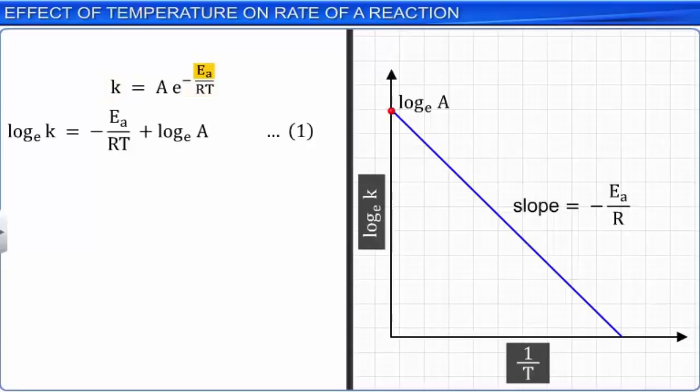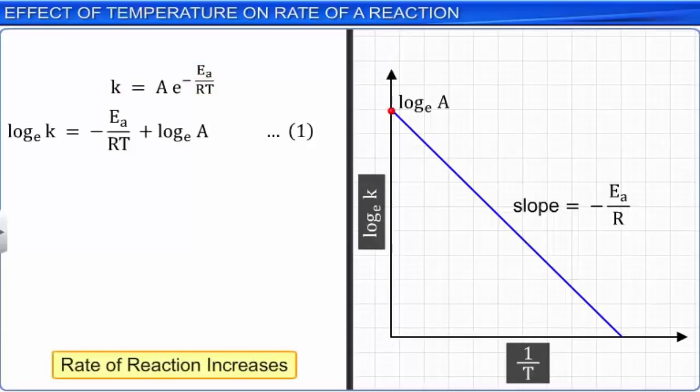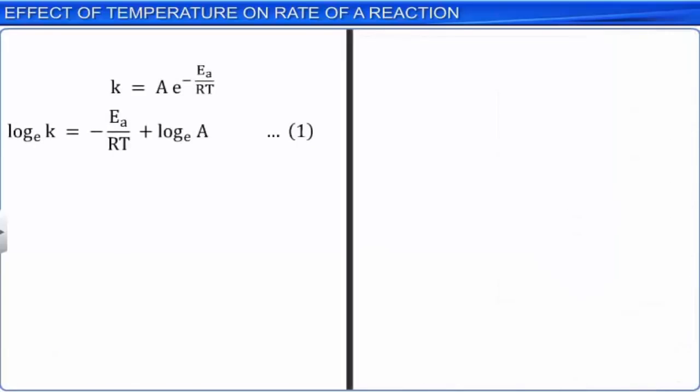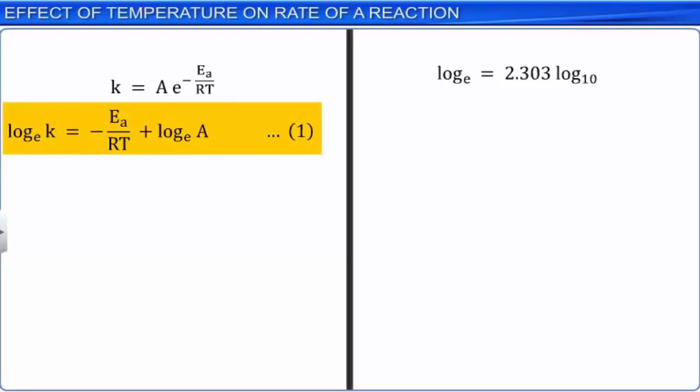As a result, the rate of reaction increases. As log to the base e is equal to 2.303 log to the base 10, equation 1 can also be written as 2.303 multiplied by log k is equal to minus Ea by RT plus 2.303 log A.